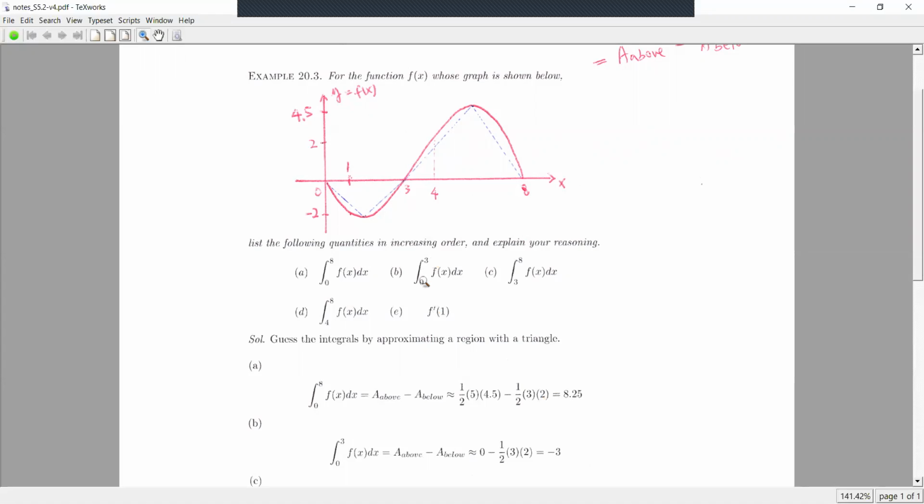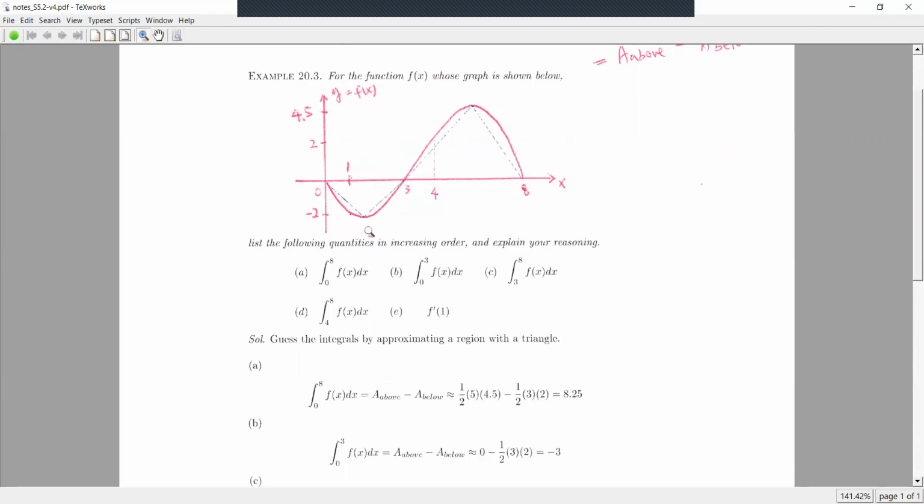Now, the second integral, from 0 to 3. It is the net area of the region between 0 and 3. This region has no part above the x-axis, so A above is 0.